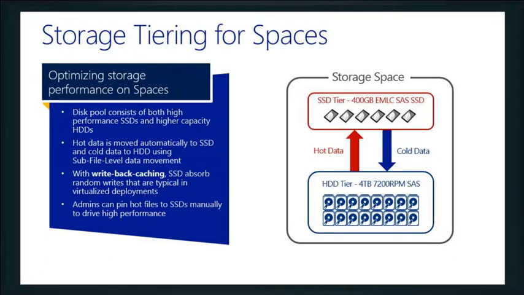Well, now you can actually run a file share, turn on storage tiering at the spaces level, and you can control which data gets written to SSDs, which are the expensive drives, and which data gets written to the SATA or SAS drives, right? That is automatically pinned based on some algorithms that say, what is my hot data, what is my cold data, with cold data being migrated to that SAS level, hot data being migrated to the SSD level.